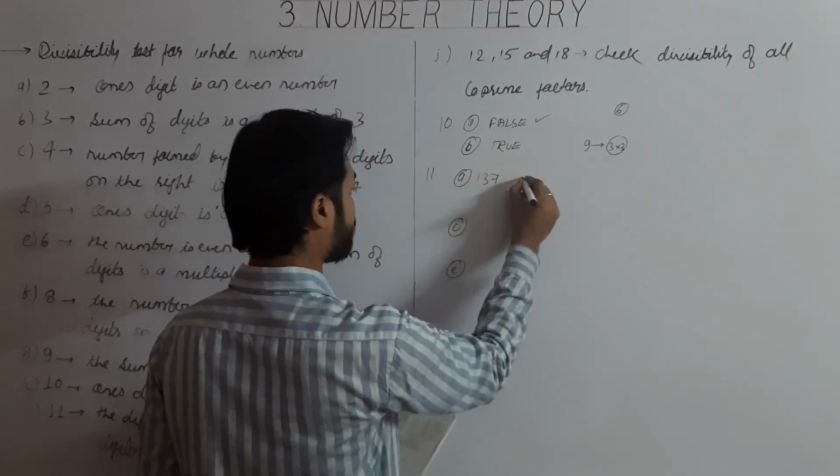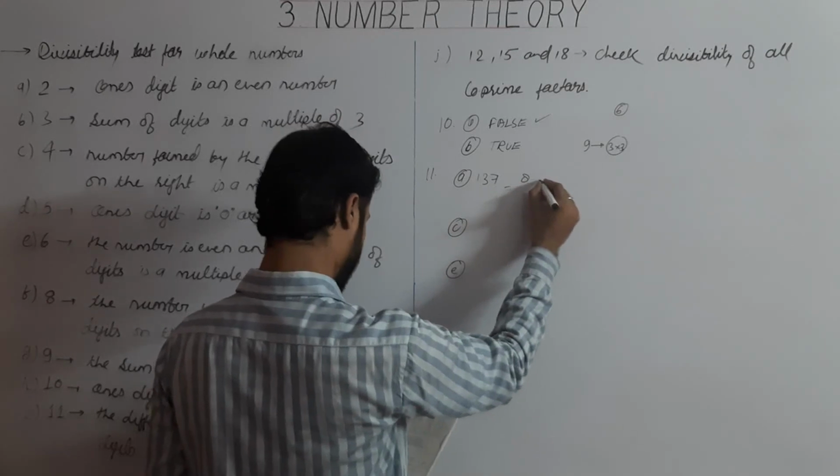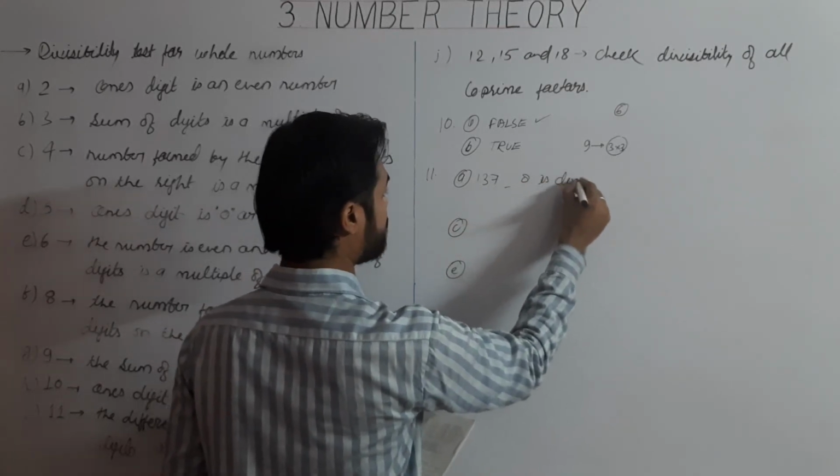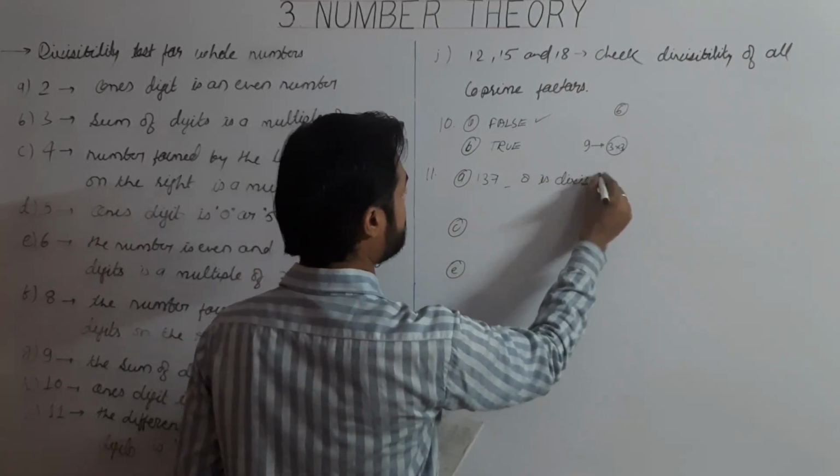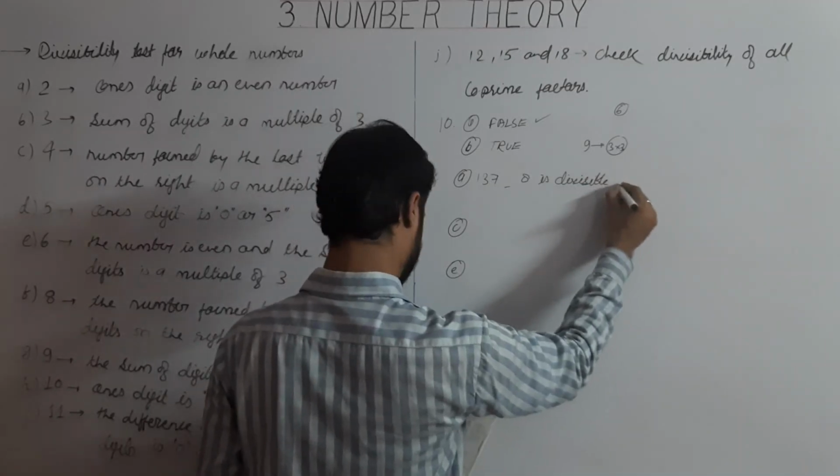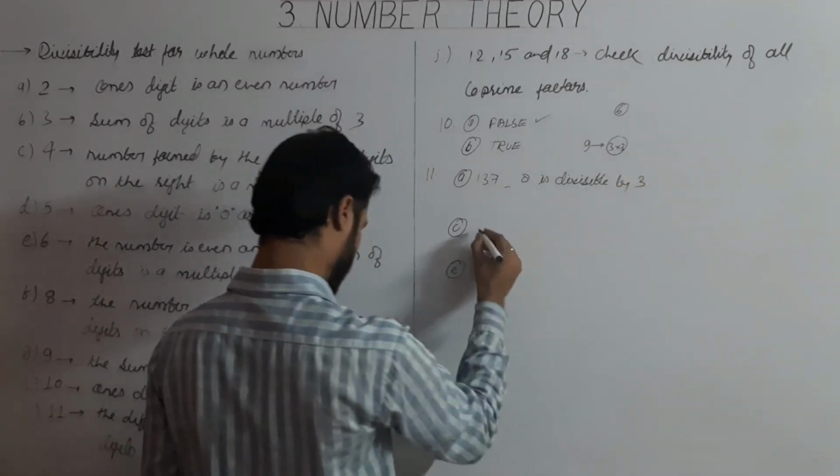137, missing number, 8 is divisible by 3.